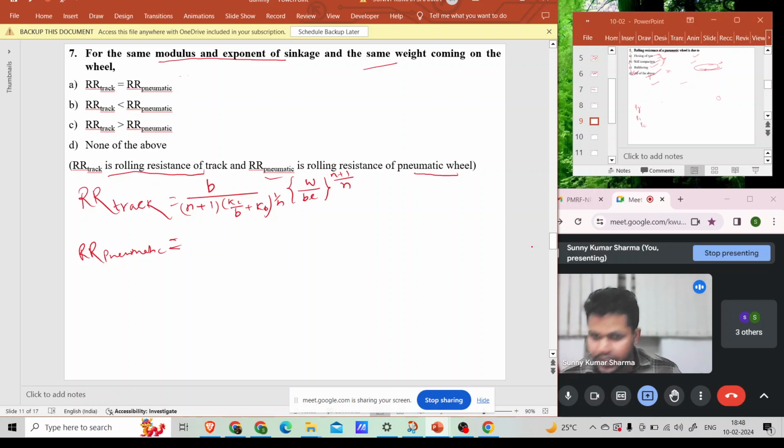And for pneumatic, it is W into the critical ground pressure, that is the ground pressure that we have discussed before, with n plus 1 by n plus 1, Kc by b plus Kphi, and 1 by n plus 1.